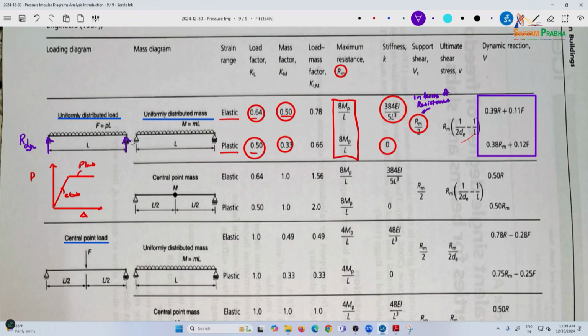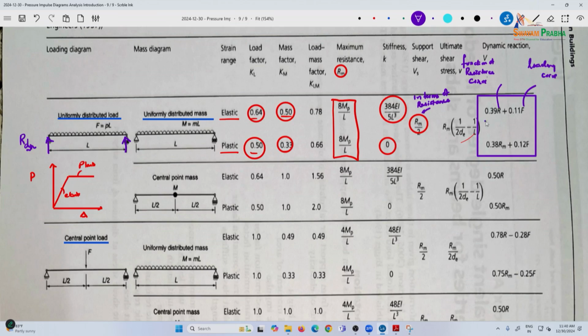So, R dynamic is a function of the resistance curve, the resistance function that we talked about, and the loading curve.